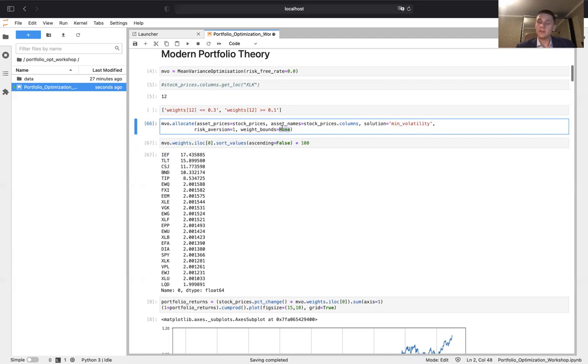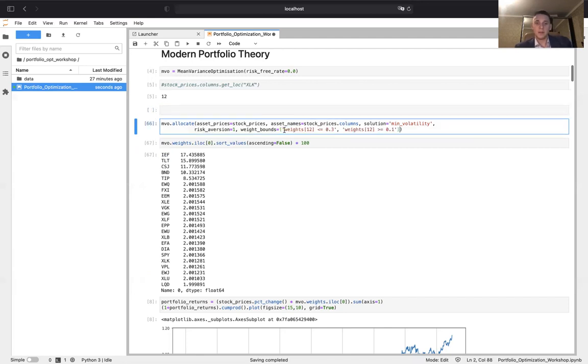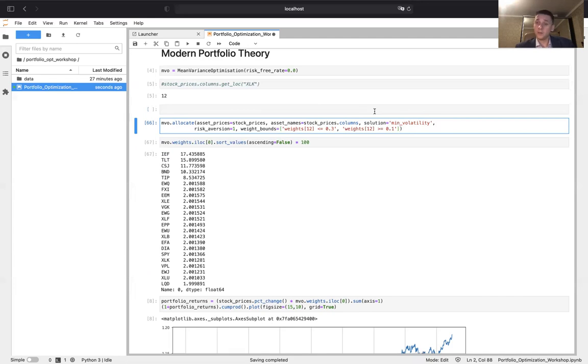There is a construction which can do this. We need to specify an array which basically can generate inequality constraints. So we can see here that the weight of the 12th asset should be less than or equal to 0.3 and more than or equal to 0.1.